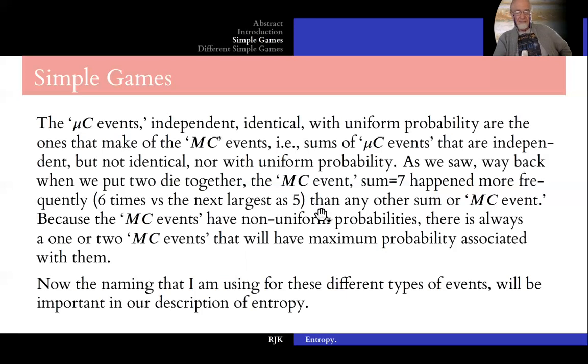And this type of thing happens for any sum or MC event. Because MC events have non-uniform probabilities, there's also always going to be at least 1 or 2 events that will have some maximum probability associated with them. That's what we just looked at.